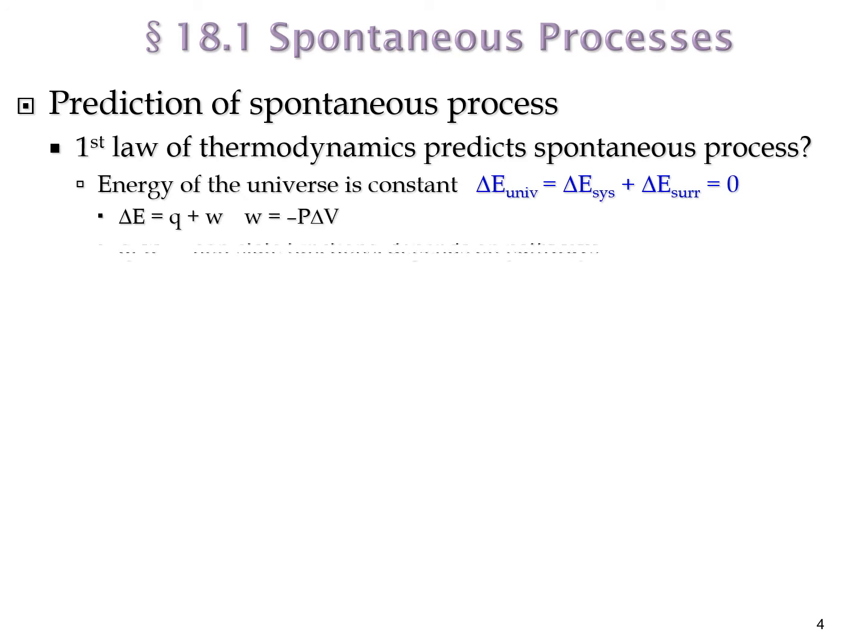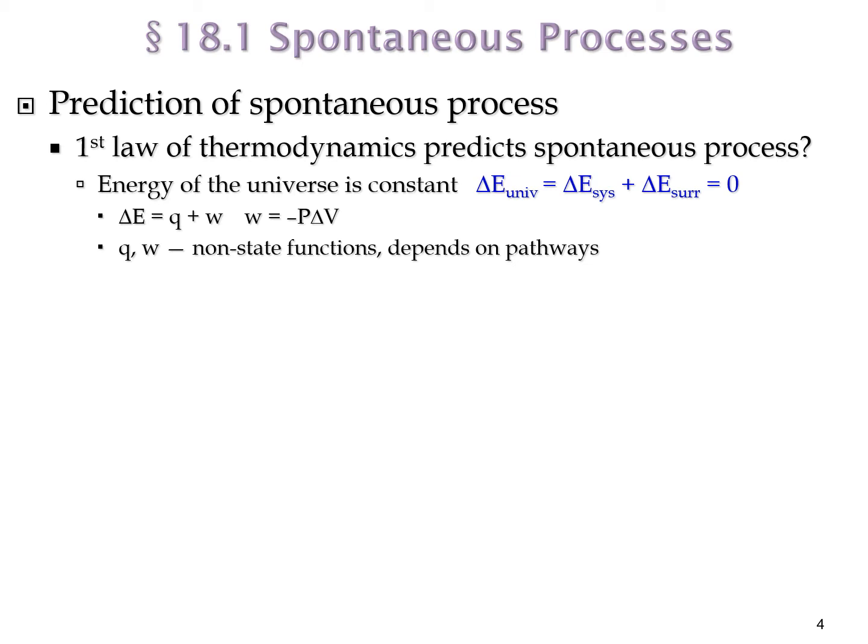All right, our first goal in this chapter is to predict a spontaneous process. Based on the laws that we have learned from chapter 5, let's see whether they can help us predict the spontaneous process. Remember, the first law we learned in chapter 5 is the first law of thermodynamics. Can this law predict the spontaneous process?